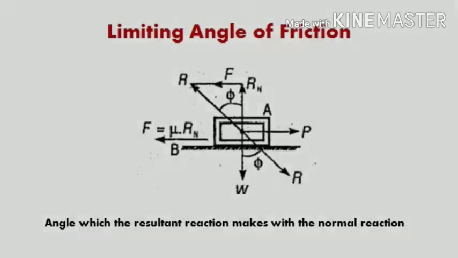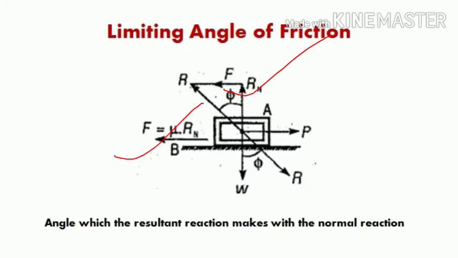The next topic is the limiting angle of friction. Here we can see the normal reaction Rn and the frictional force F. We know that F is equal to mu into Rn.